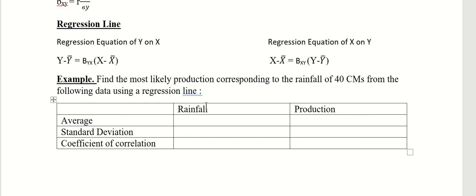Very clearly we can understand that rainfall is independent and production depends on rainfall. So rainfall is the independent variable and production is the dependent variable. We can write this as x and this as y. So this is your independent variable.